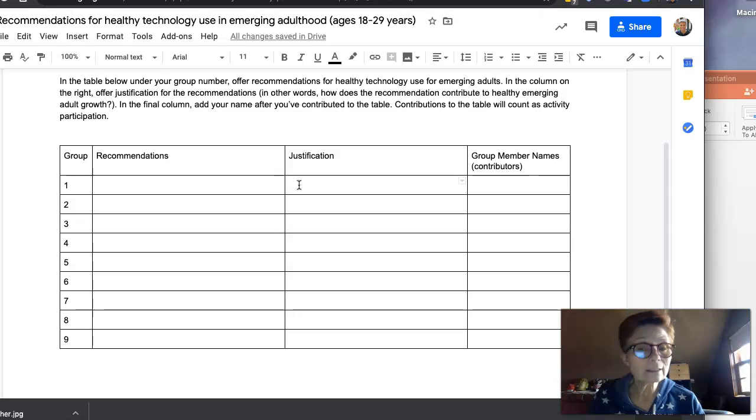And it certainly is in any emerging adult's physical health and development to spend more time exercising, to be fit, to keep our heart strong, things like that. So what is the justification? And then this is where you would include the group members' names. So that's what that table looks like.